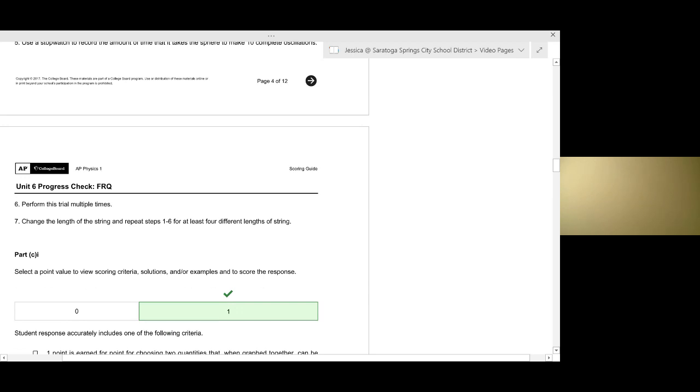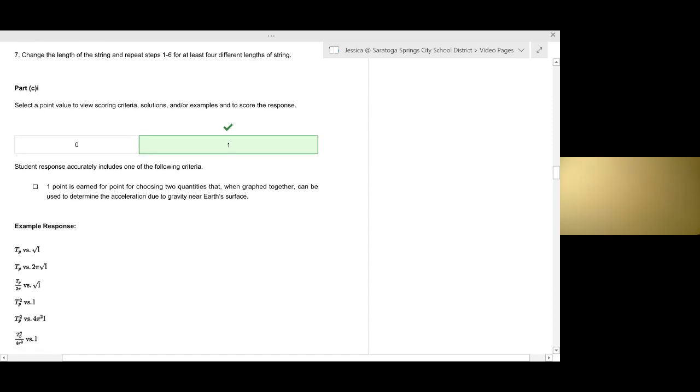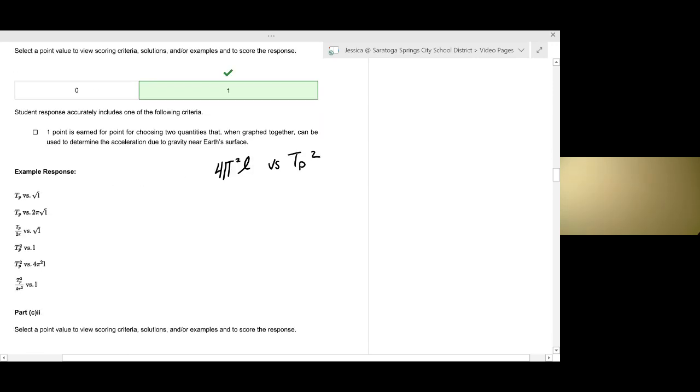Okay, now C was the one I just did, even though D came before C. So C was the graph. So I get 1 point for choosing two quantities that, when graphed together, can be used to determine the acceleration due to gravity. So I said 4π²L versus T². So let's see if that's an answer. It is right here. Hooray!